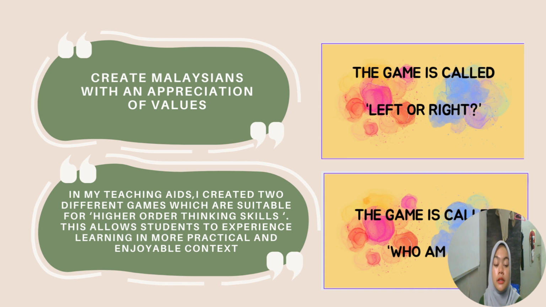The third one, I chose shift number 4, which is creating Malaysians with an appreciation of values. So the connection between this and my teaching aids is that I created two different games which are suitable for higher order thinking skills. This can allow them to experience learning in a more practical and enjoyable context.